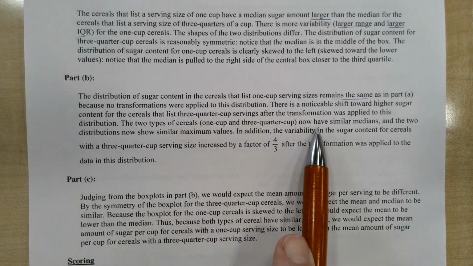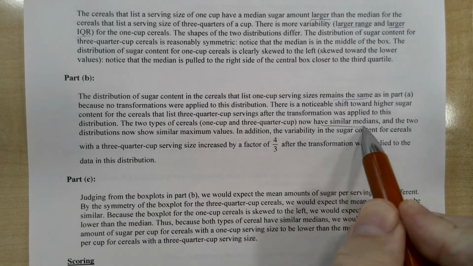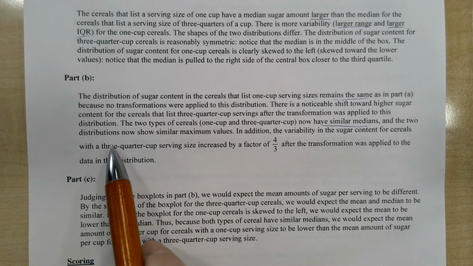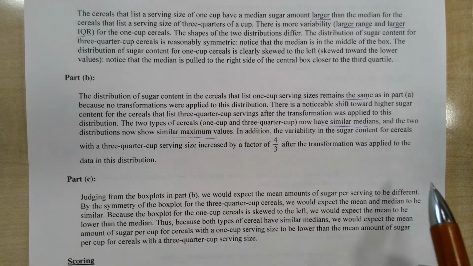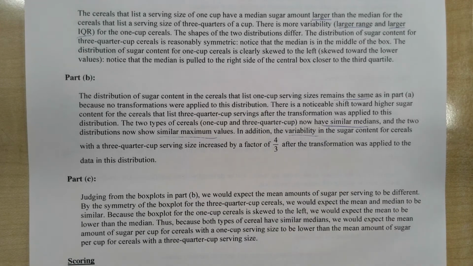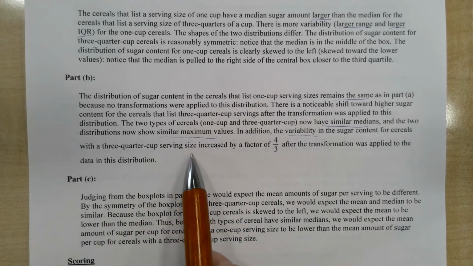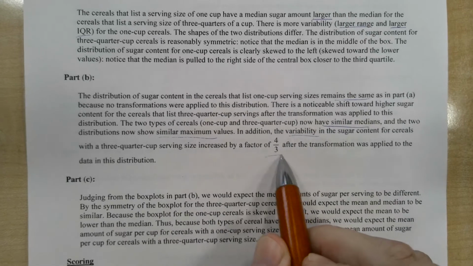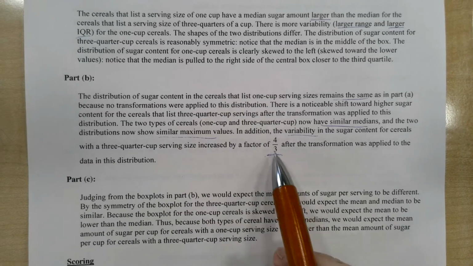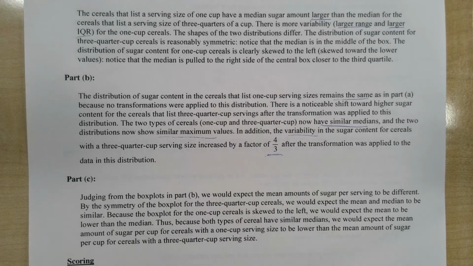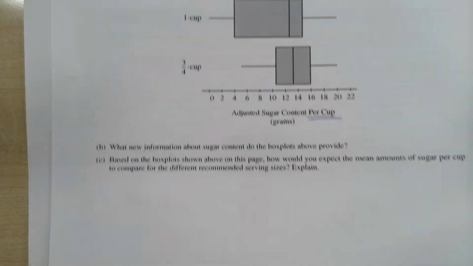Okay, so they now have similar medians, which we talked about, and the two distributions now show similar maximum values, and the variability, so the spread, right, the range of the 3/4 cup serving size increased by this factor when the transformation was applied. You can just say it was increased by this, it increased. Okay, that's the new information you have.